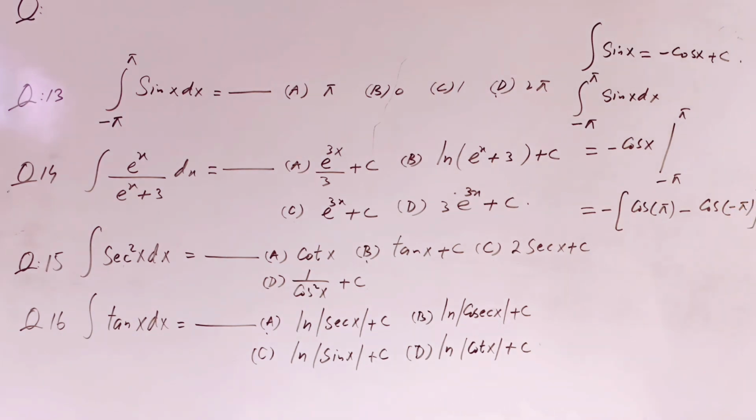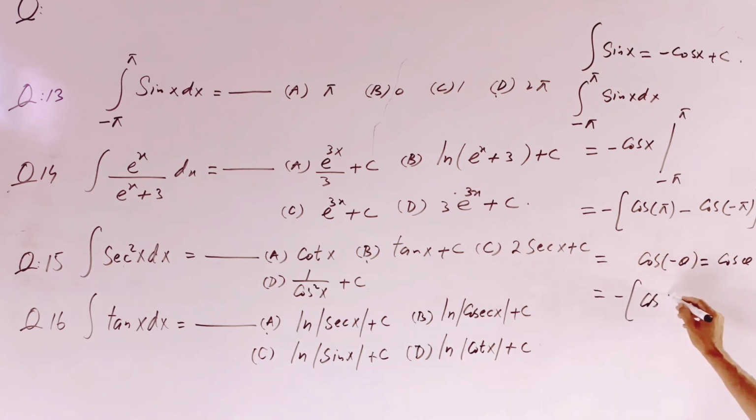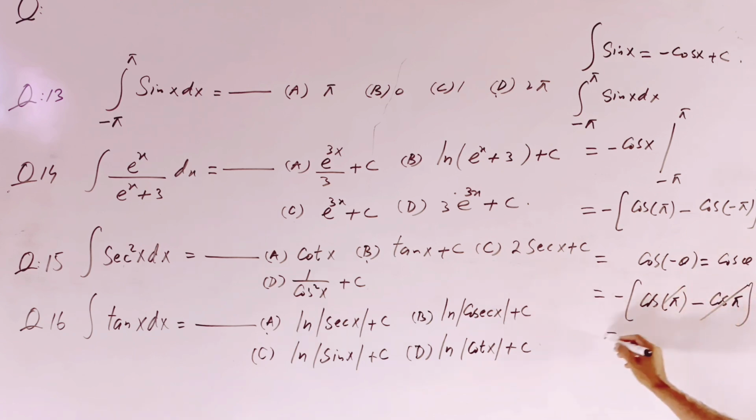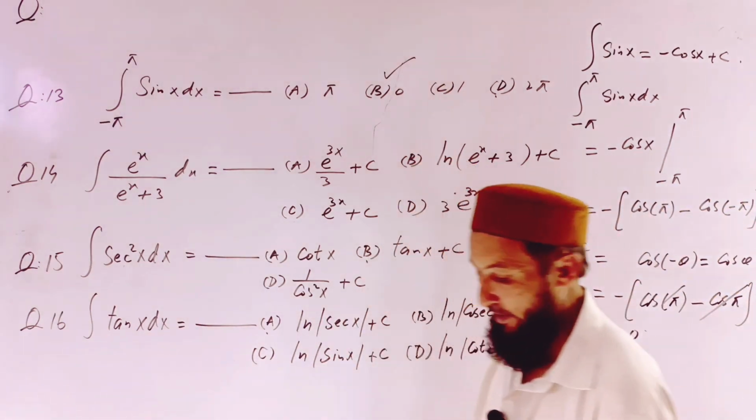Since cos of minus theta equals cos theta, cos of minus pi equals cos pi, so this will be minus cos pi plus cos pi. So the result is equal to 0. 0 is the correct option here.